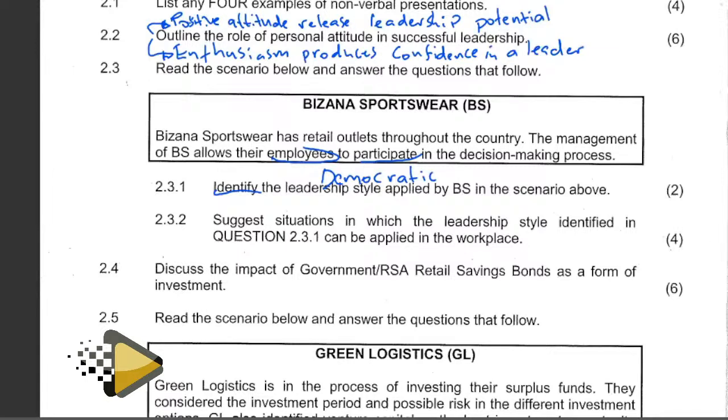Okay, right. Now let's check 2.3.2. It reads as follows: suggest situations in which the leadership style identified in question 2.3.1 can be applied in the workplace. In short, they want you to suggest situations in which the democratic leadership style can be applied in the workplace. So we are saying that cooperation is needed between a leader and a team. Also, group members are eager to share their values.